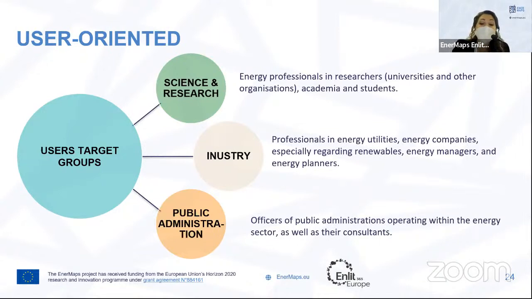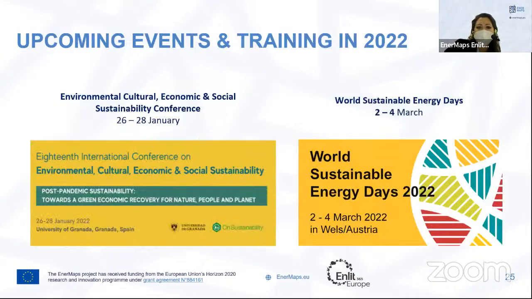Then other users could come from the industry, and among those professionals in energy utilities, energy companies, especially in the field of renewables, energy managers and energy planners, and then also users from the public administration, such as officers in public administrations operating within the energy sector, as well as their consultants.